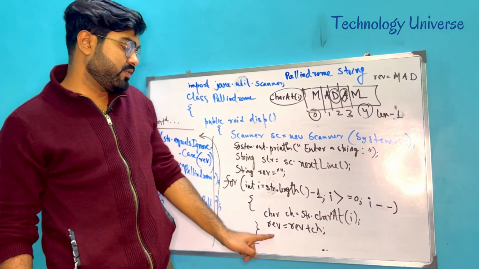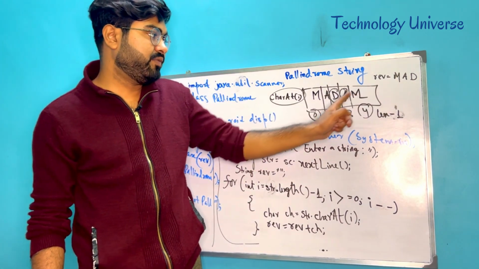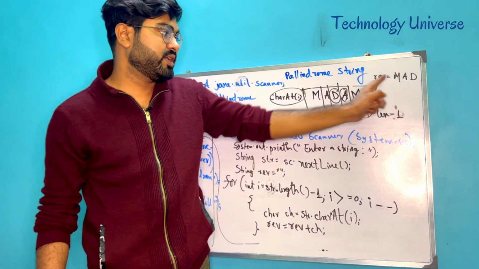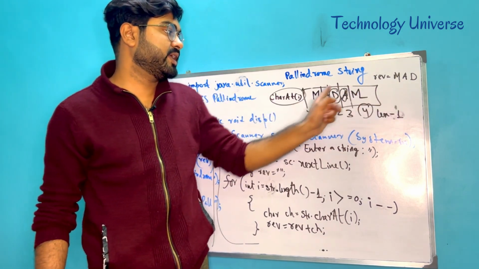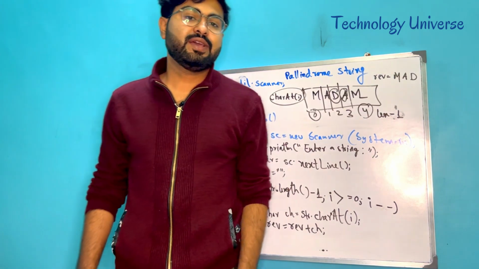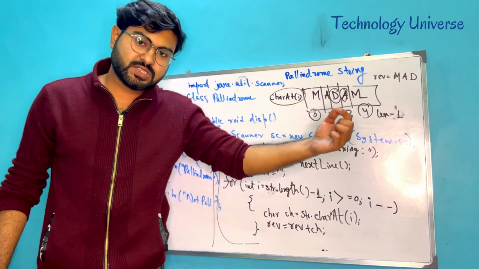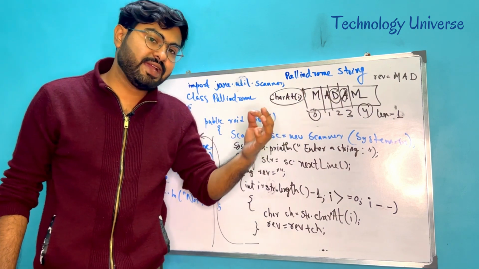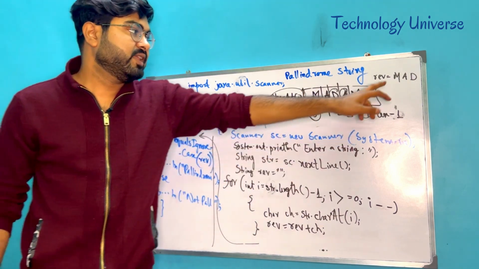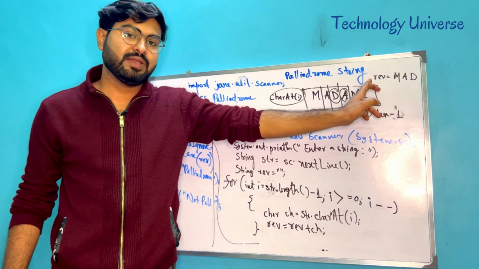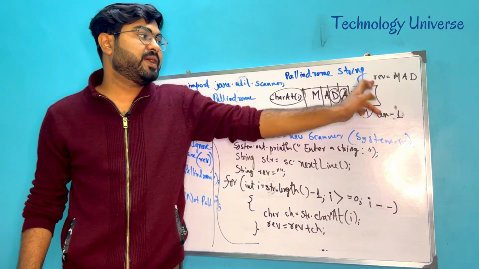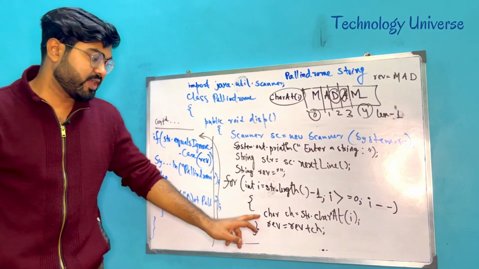So first in rev, m would be added, then after that a would be added to it, then after that d would be concatenated, then a. So in this way, the characters from the end of the string are sequentially getting extracted and concatenated to the rev variable. So basically we have prepared the reverse of that string in rev.